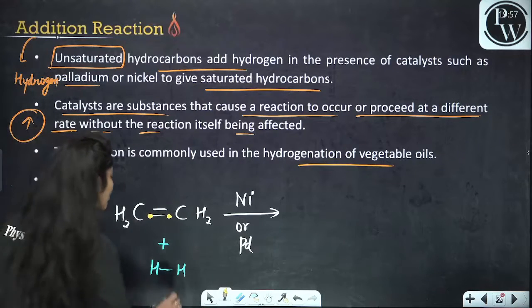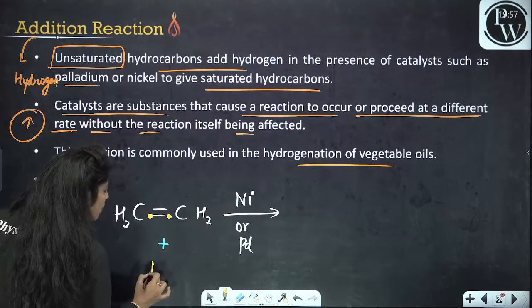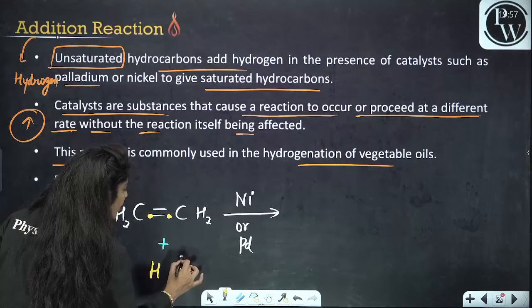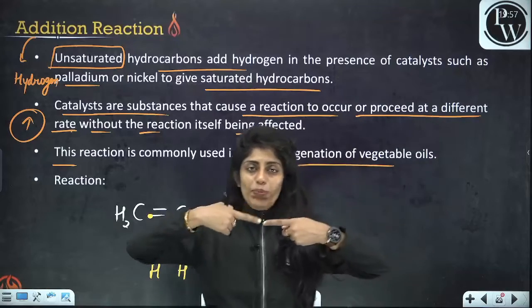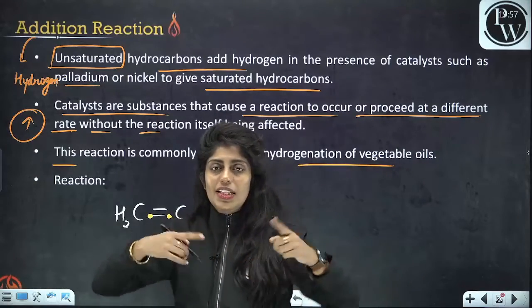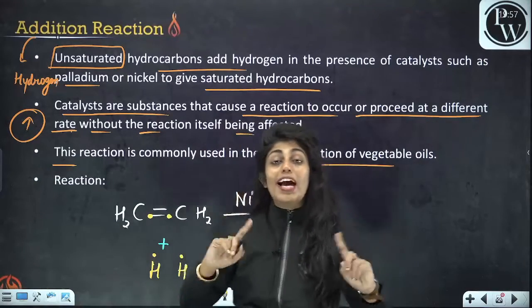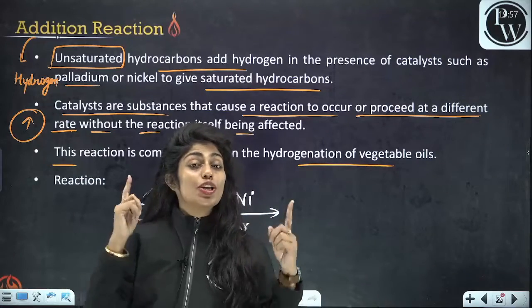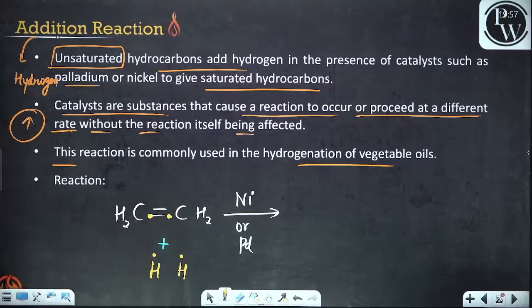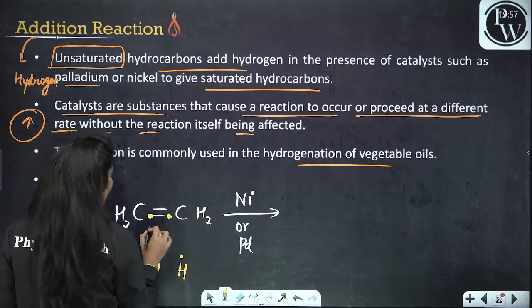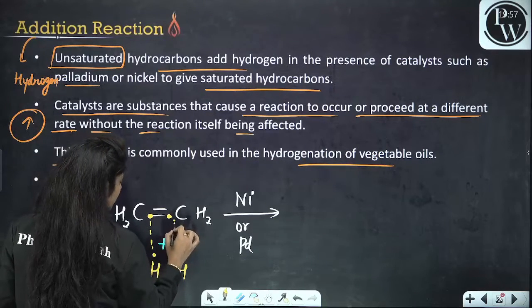Now, this hydrogen is also placed like this. 1 hydrogen, 1 hydrogen. They were having a bond, but when they are going to join with carbon, they have to bribe carbon with the shared electrons. So, carbon also breaks the bond with the other carbon and joins with this.